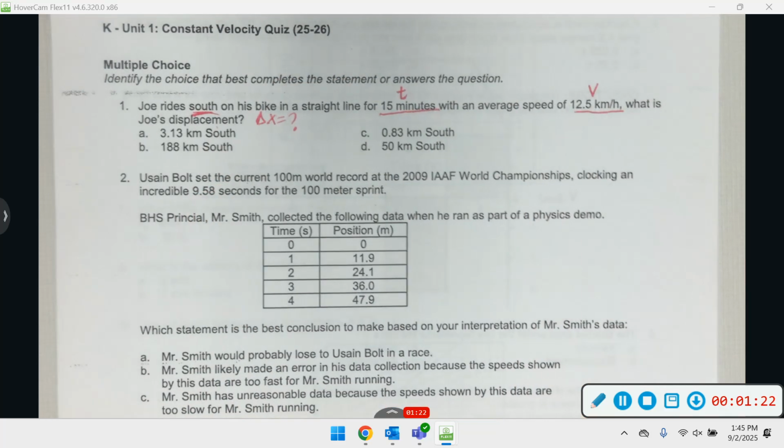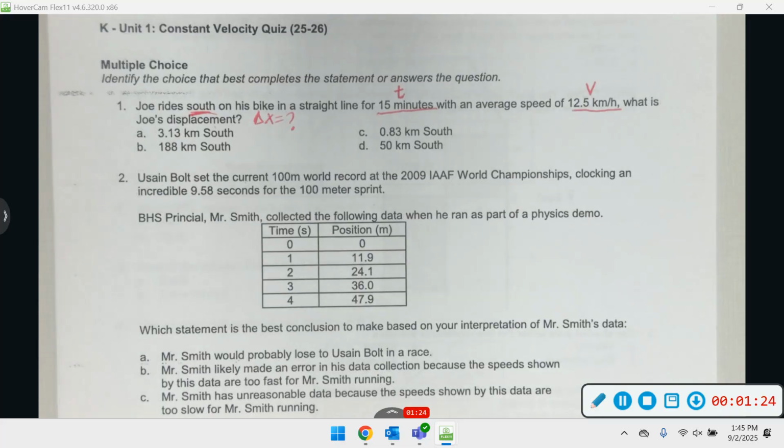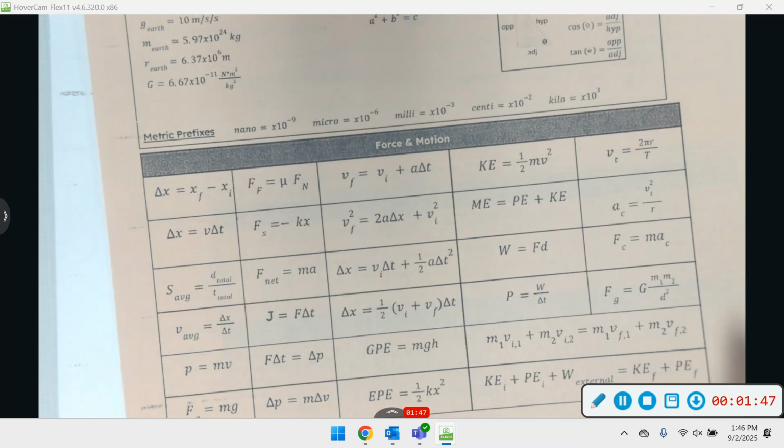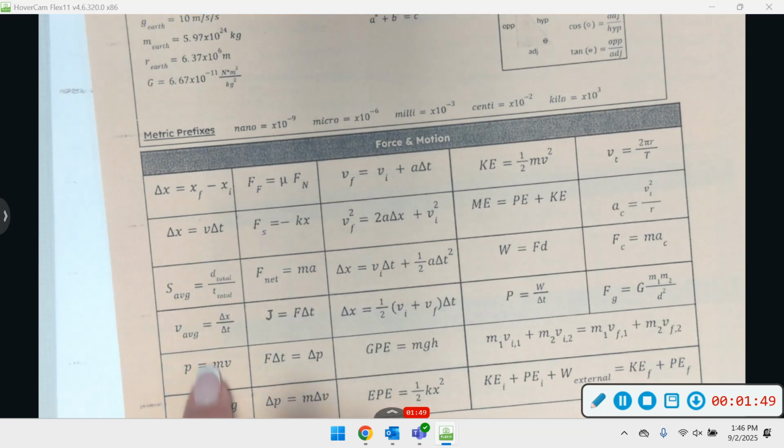Again, we talked about this method for solving calculation problems called the GUESS method, where you label your givens, that was the G in GUESS, you label your unknown, that was the U, and then you find the equation. So we need an equation sheet to do that, and a calculator. Okay, so looking at the things I have labeled, these equations right here are the ones we have used in this unit.